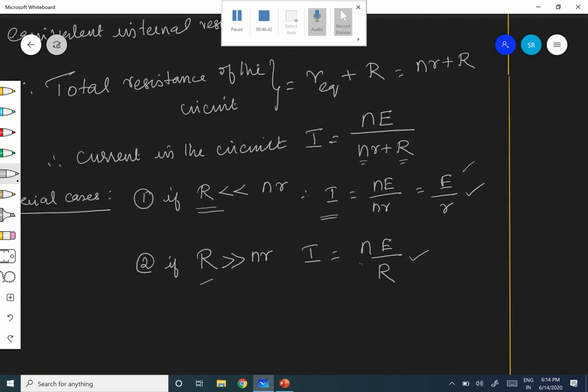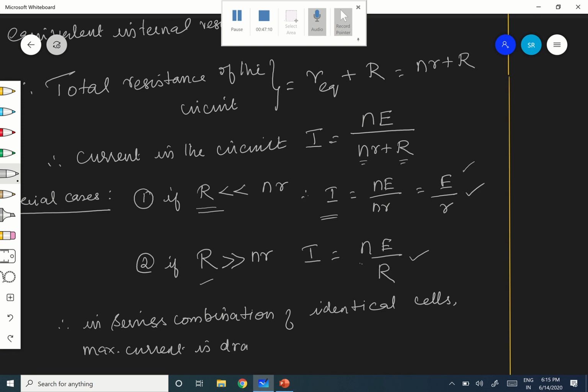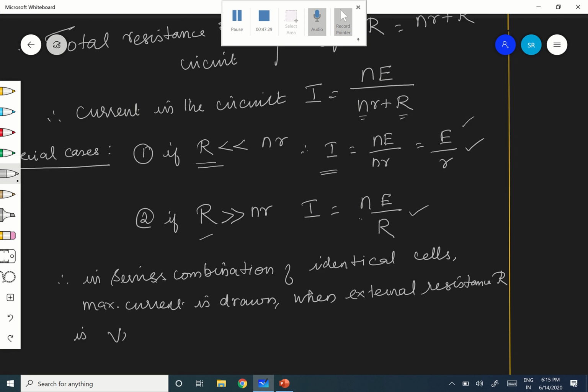In series combination of identical cells, maximum current is drawn when the external resistance is very high compared to the total internal resistance of all the cells, that is N r. Are you following? So this is the conclusion from this.